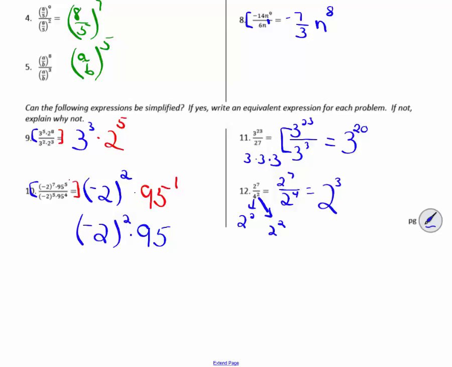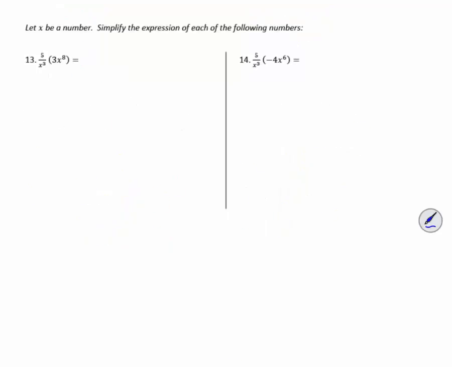All right, let's see what we got over here. Let x be a number, simplify the expression of each of the following. So we're multiplying and dividing here. So I'm going to write it as one big problem. So this is 5 times 3x to the 8th over x to the 3rd. I have to take care of the top first.